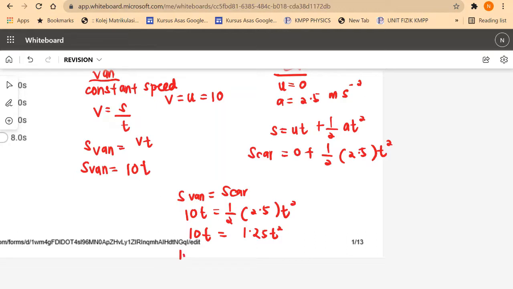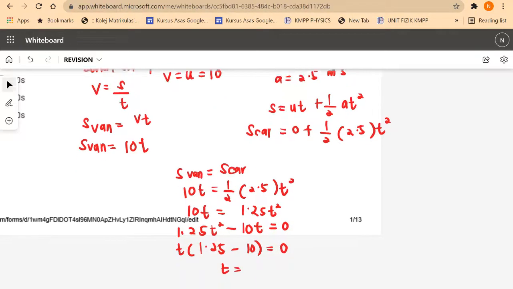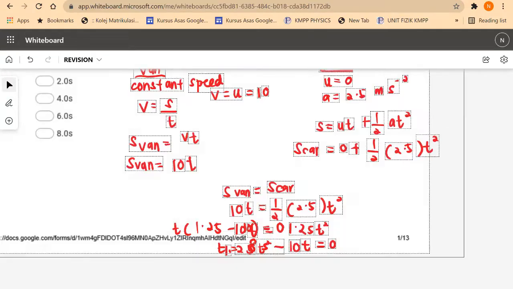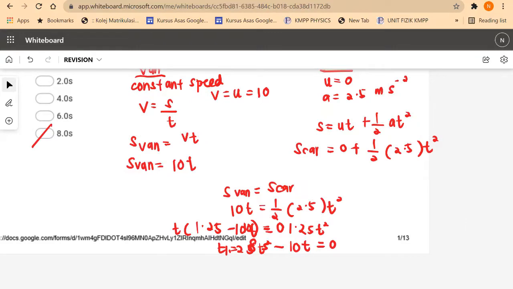So rearrange this equation: 1.25 t squared minus 10t equals 0, and then you can factorize t times (1.25t minus 10) equals 0. So t equals 10 over 1.25, which equals 8 seconds. So the answer for number 2 is D, 8 seconds.